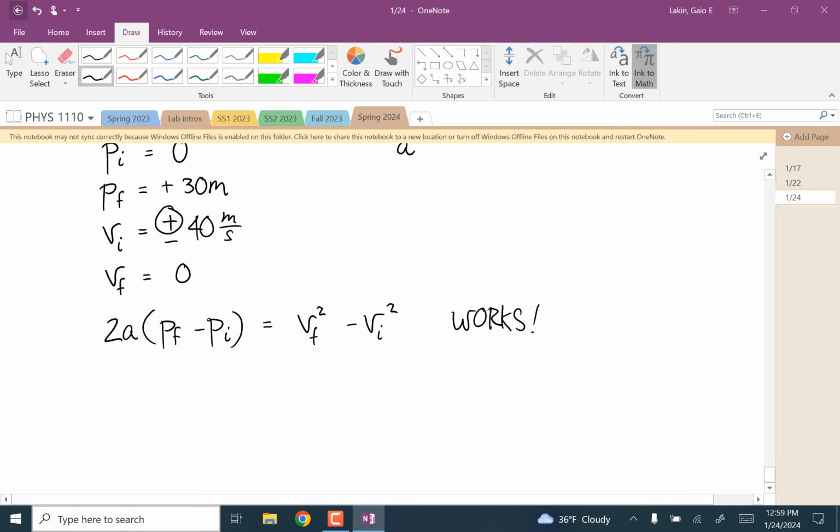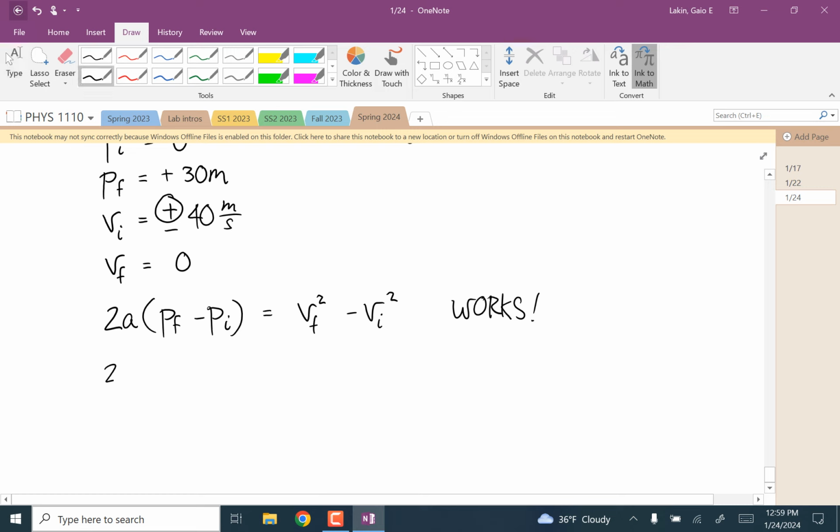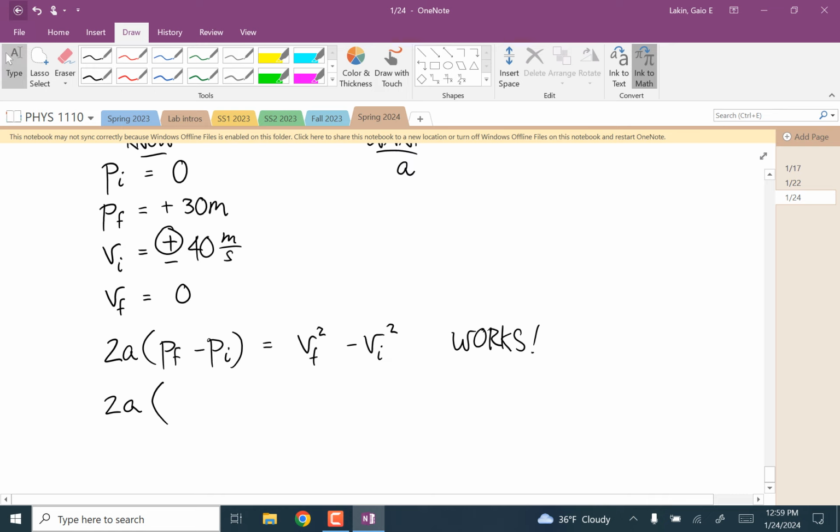So I guess maybe I'll do it once and then I won't do it anymore after that. So we have 2A times the quantity P final, which is 30 meters, minus P initial, which is 0. And that's equal to V final squared minus V initial squared. So that's 40 meters per second squared.